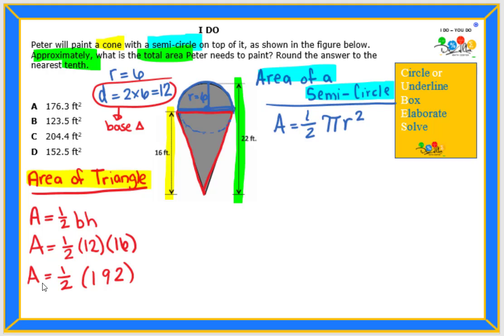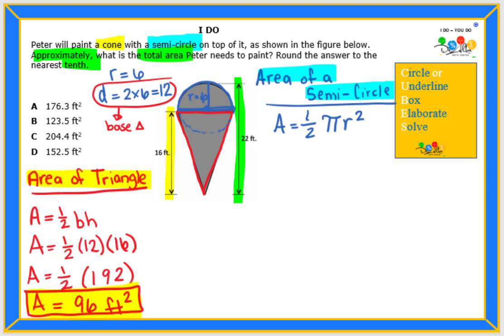And now we need to take half of that, so we divide 192 by 2. So 96, and our units are feet to the power 2, or square feet. So we have the area of our triangle cone, 96 square feet.